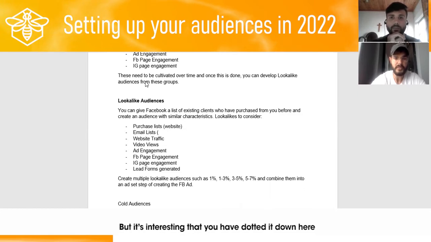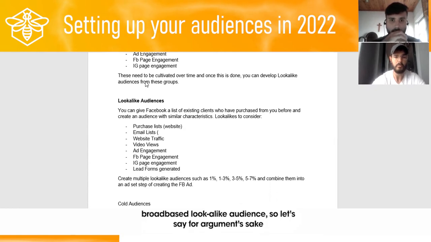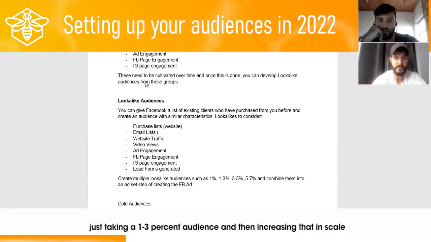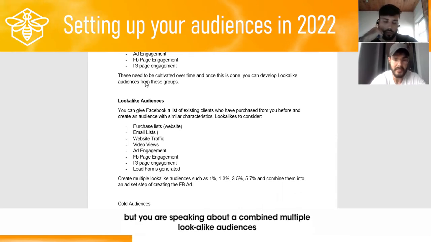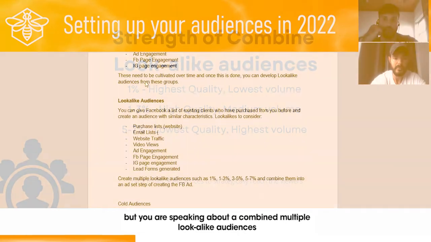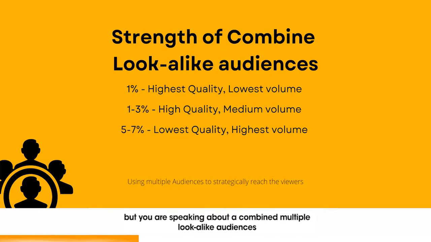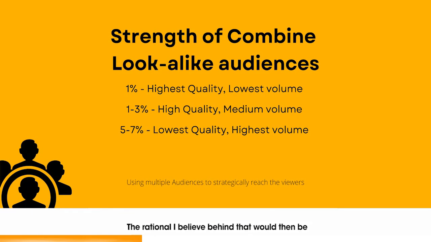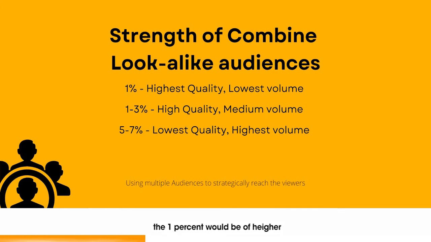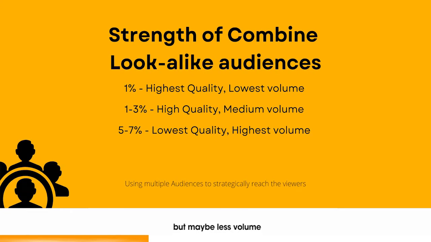But it's interesting that you've dotted this down here, not just to do a single broad-based lookalike audience. So let's say for argument's sake, just taking a 1 to 3% audience and then increasing that in scale. But you're speaking about combining multiple lookalike audiences. And the rationale, I believe, behind that would be the 1% would be of higher quality lead, but maybe less volume.